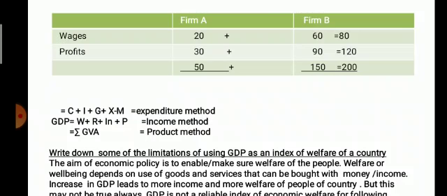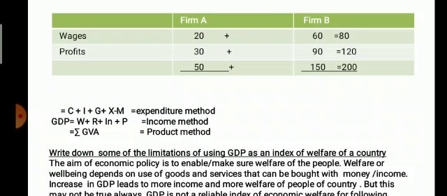So here, as the conclusion, you write GDP is equal to, now by expenditure method, what is the formula? C plus I plus G plus X minus M, where C is consumption expenditure by the household and the firms. I stands for investment expenditure of the firms.